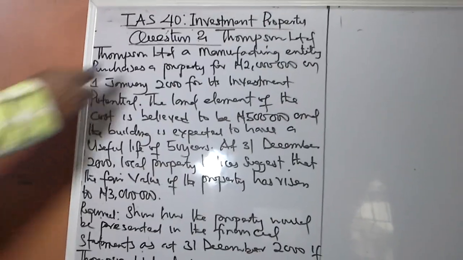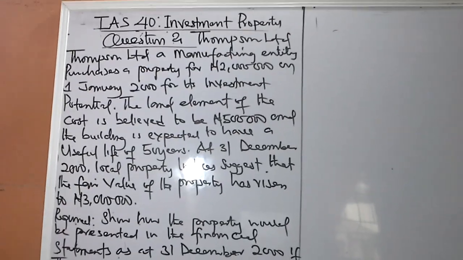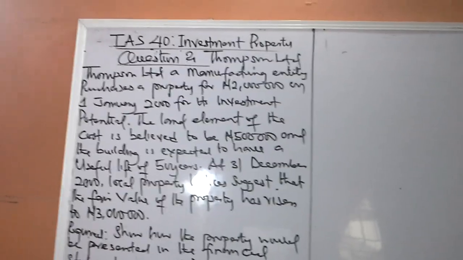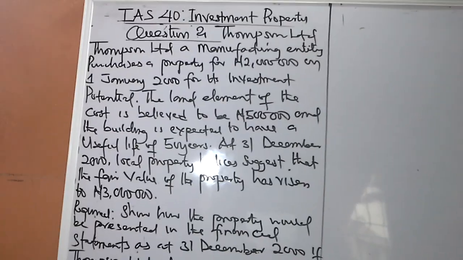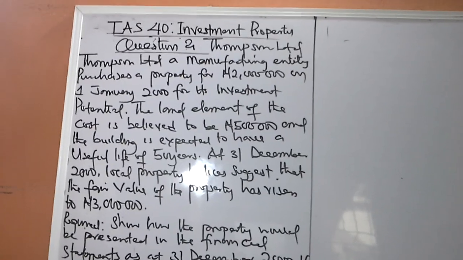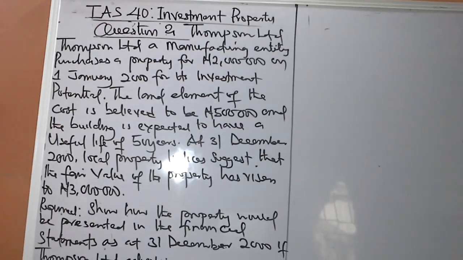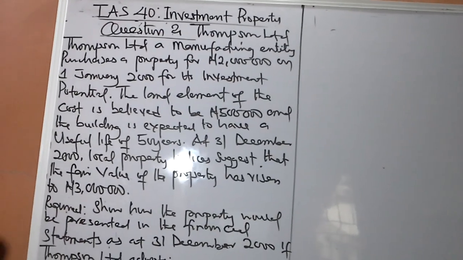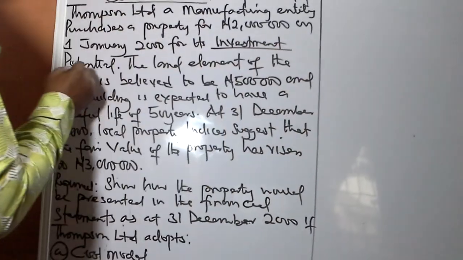Now, Thompson Limited, a manufacturing entity, purchases a property for 2 million on 1st of January 2000 for its investment potential. It is clear that it is meant for investment purposes.